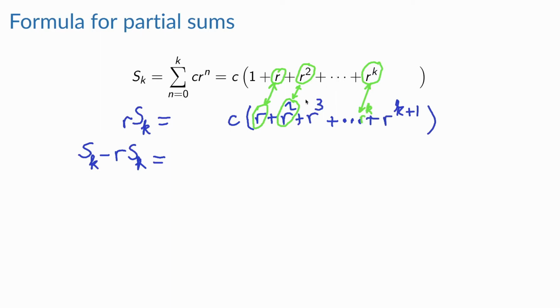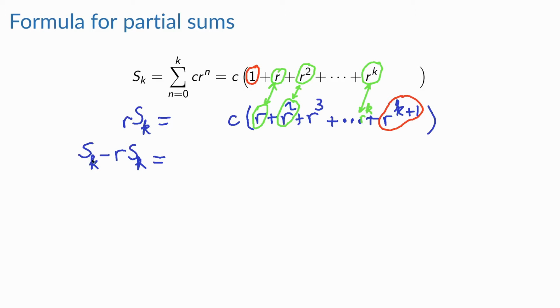So these terms are going to match up, and we're going to have two odd ones out. This one here has no partner down below, and r^(k+1) has no partner up at the top.